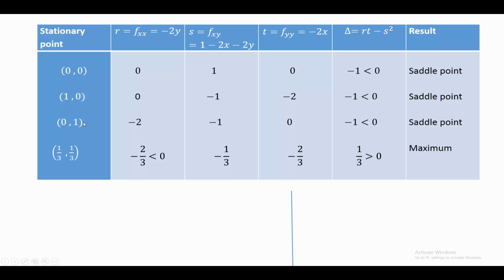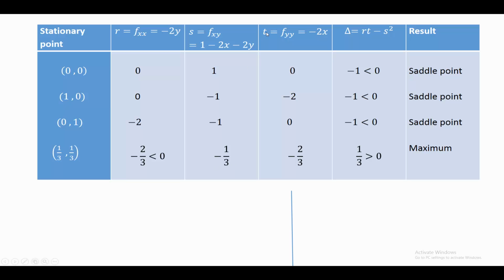At point (0, 1), put x is 0, y is 1, so 1 minus 0 minus 2 is minus 1. At point (1/3, 1/3), put x is 1/3, y is 1/3, we get 1 minus 2/3 minus 2/3. LCM is 3, so 3 minus 2 minus 2 upon 3 is minus 1/3.